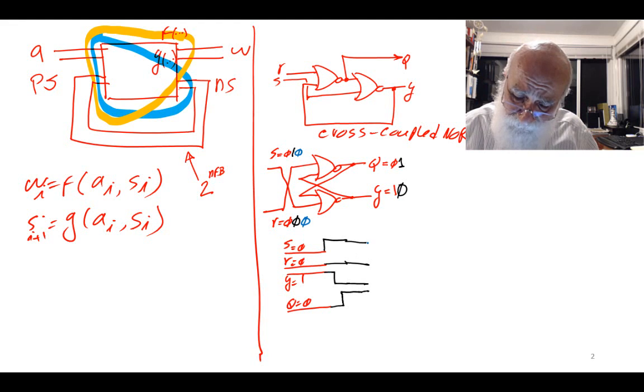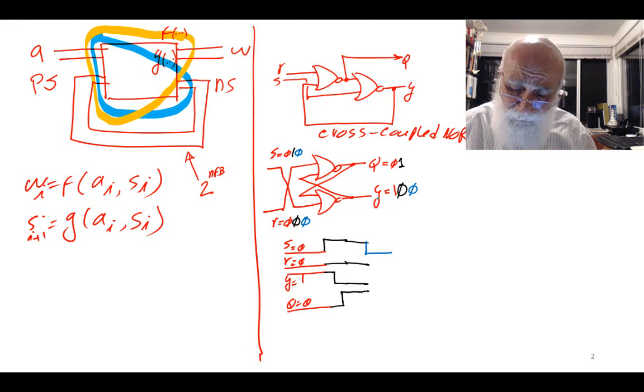So S is changing to 0, and then I'm going to propagate the 0 into the lower NOR gate. I find that actually the 0 and a 1 still keep my Y at 0.